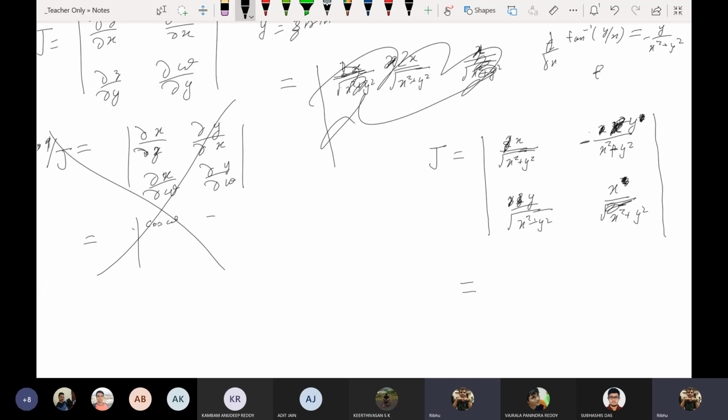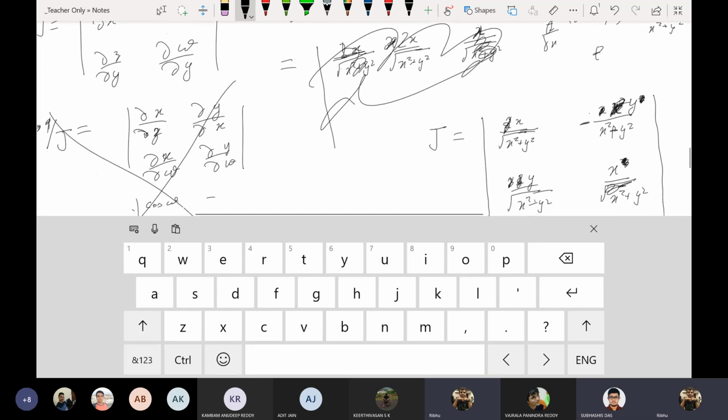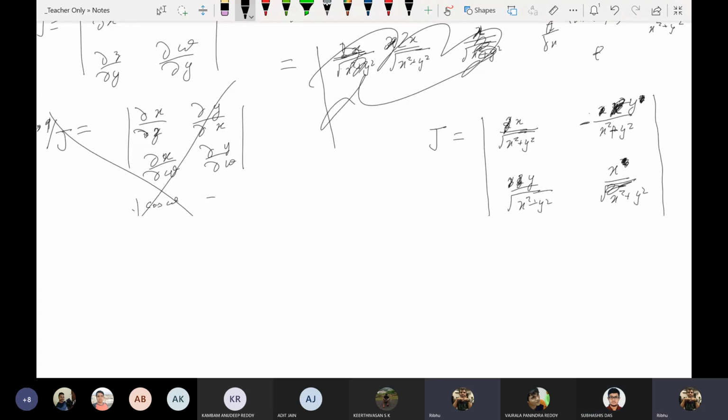Check for any other class 11 or class 12 derivative errors. Because I have the final result written in my notes, not the steps. This is the final result. Yeah, so this I will write again.